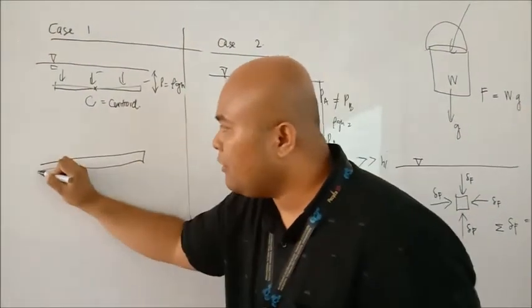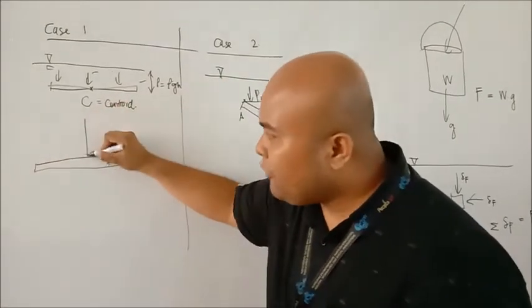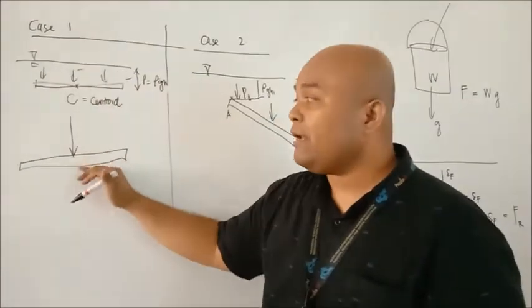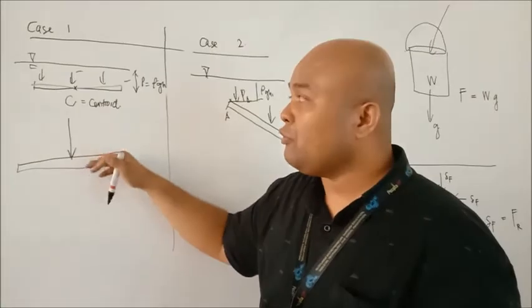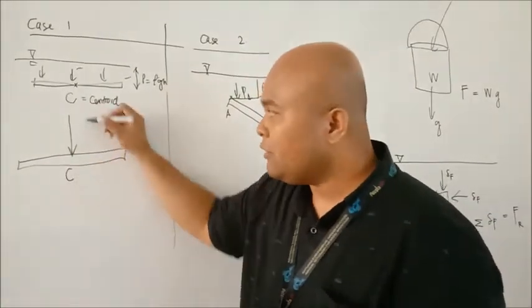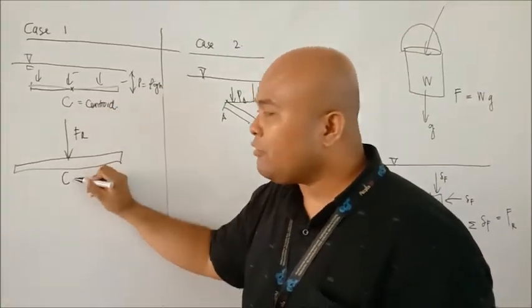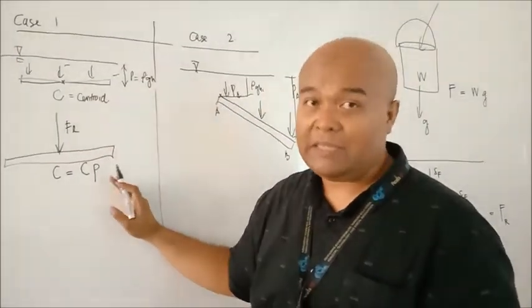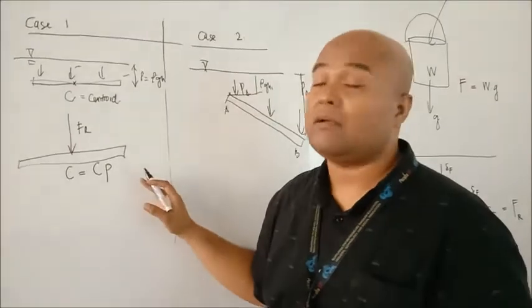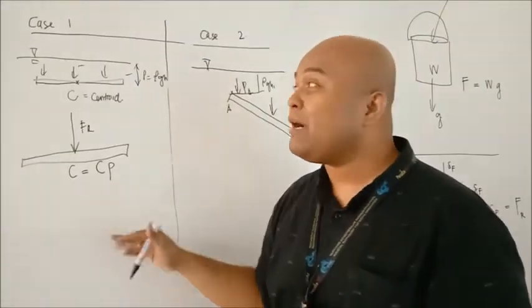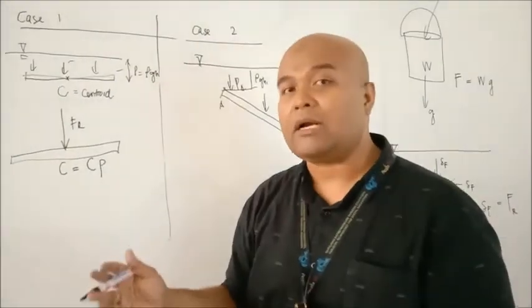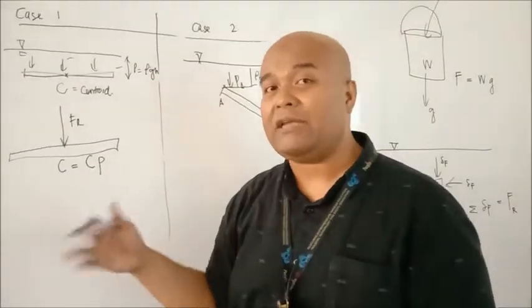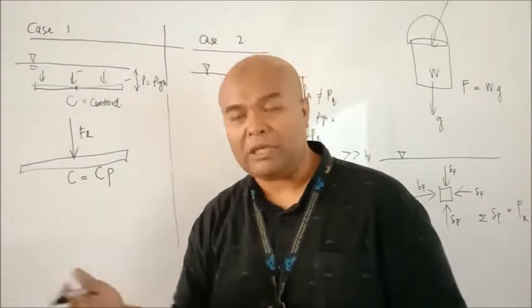Saya lukis balik okay, the hydrostatic force normally akan acted onto the centroid. Okay, so this is Fr, and then centroid sentiasa akan menjadi center of pressure, titik tekanan bagi kes yang mendatang. Jadi analisis daya yang melibatkan kes yang mendatang agak mudah untuk kita dapat ataupun kirakan the F and also P.